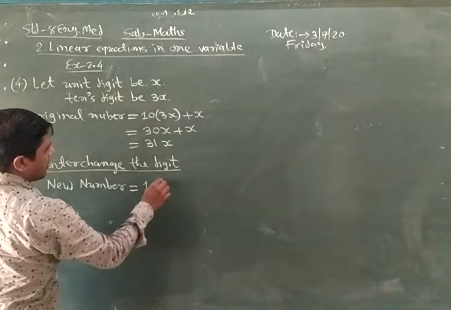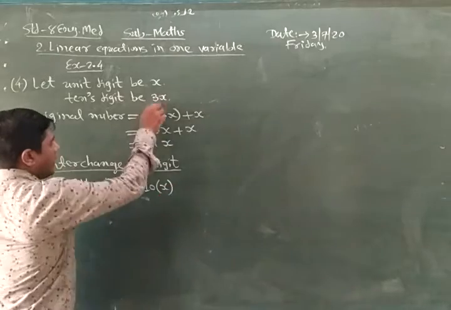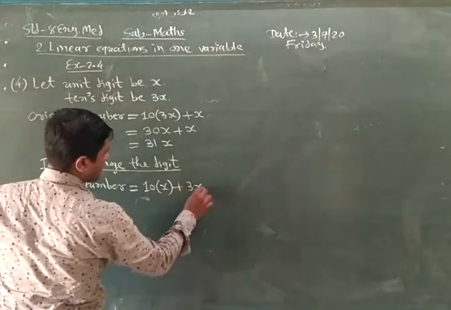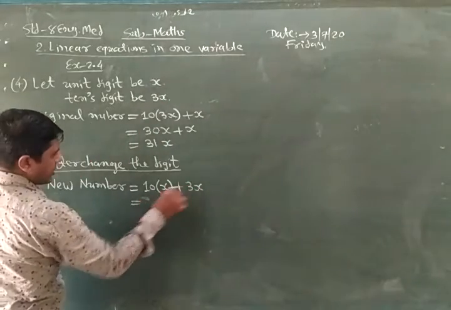So tens digit multiplied by 10 and unit digit added. So 10x plus 3x, so 13x.